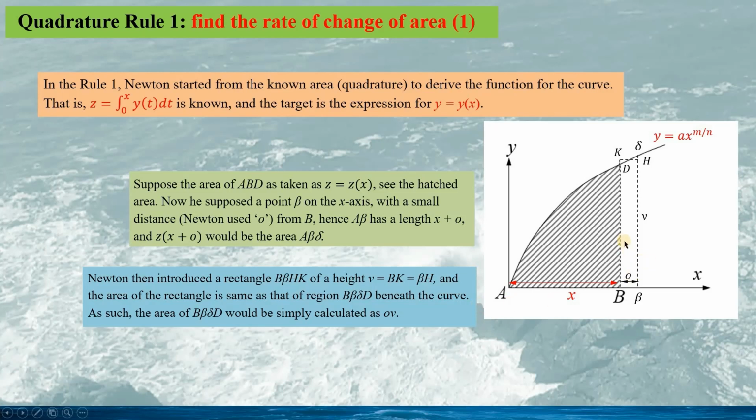Newton then introduced a rectangle B beta HK of a height V equaling BK and beta H. The area of the rectangle is the same as the area B beta delta D beneath the curve in this small region. As such, the area of B beta delta D would be simply calculated as O times V.